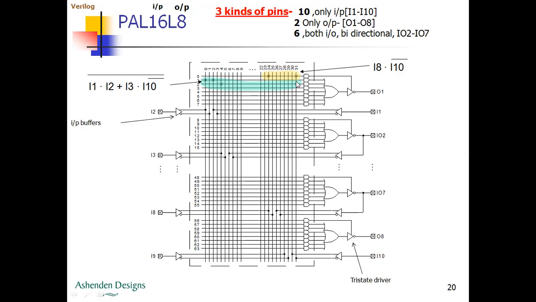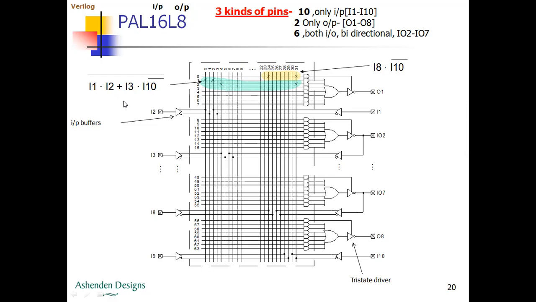So at this particular place 4 and at this particular place 31, we have connections, and this will implement I3 dot I10 bar. So the output of the tri-state buffer will be I1 dot I2 plus I3 into I10 whole bar.